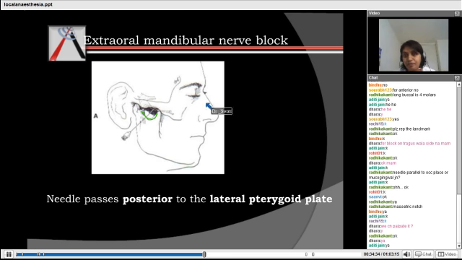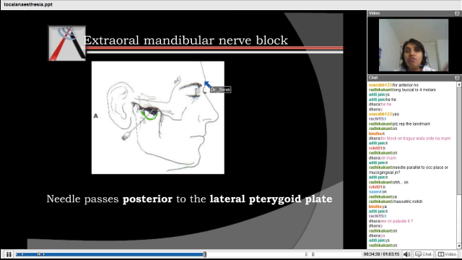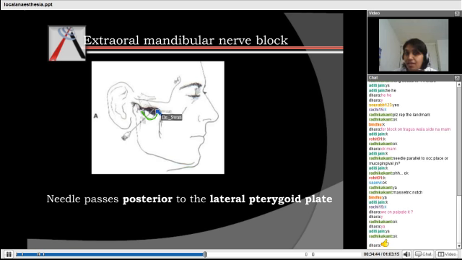Now here itself I will complete the extraoral technique of the maxillary nerve block. The maxillary nerve block is also the same technique. You just put it over here, you hit the lateral pterygoid plate, you withdraw the needle, but this time you go anterior and upward. You get the point?